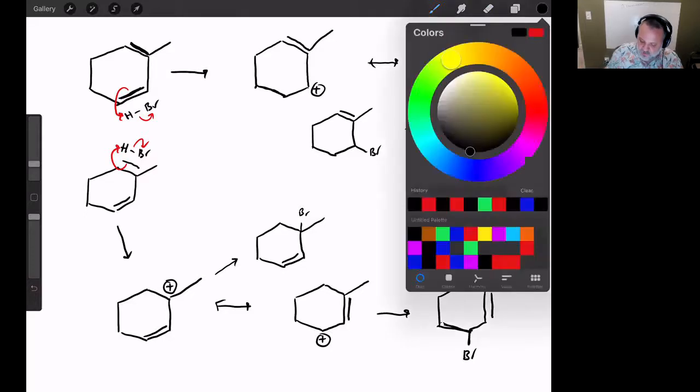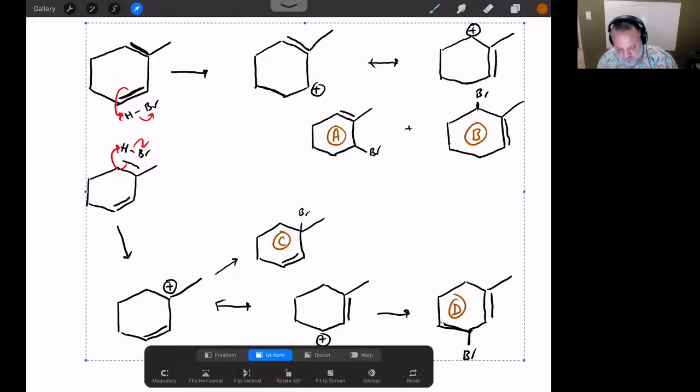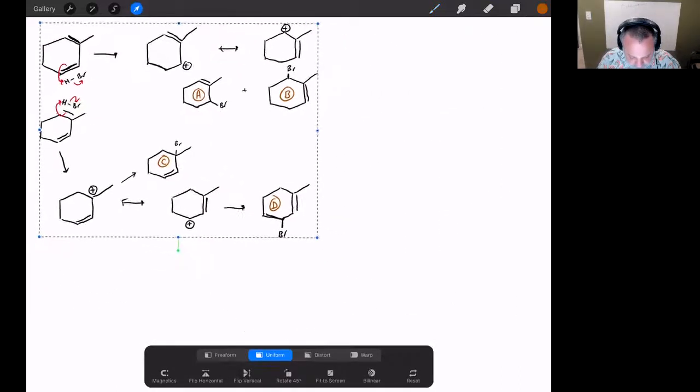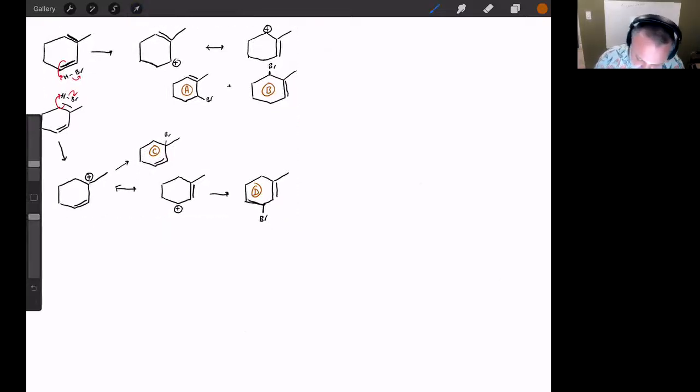And so I'm just going to arbitrarily call this A, B, C, D. And so I want to shrink it down so we can see what's happening. But let's examine what's going on. A is 1,2 adduct. B is 1,4.